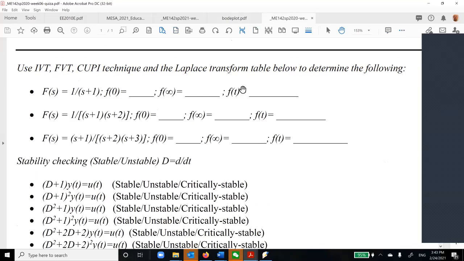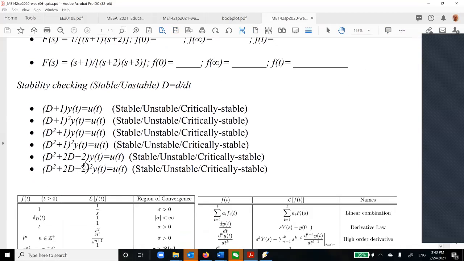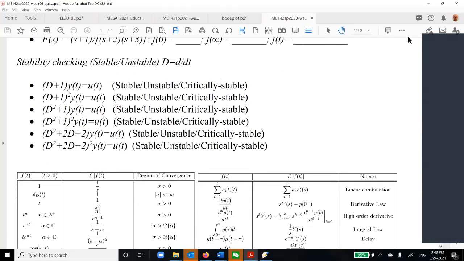Also, you need to do CUPI and get this analytic formula. These are questions I hope you can answer. When you have complex conjugate pairs on the imaginary axis, the square will give you t times sine omega t. The t sine omega t is unbounded, so as t goes to infinity it is unstable. So this case is critically stable, and this case is unstable. Others you can just make your choice.